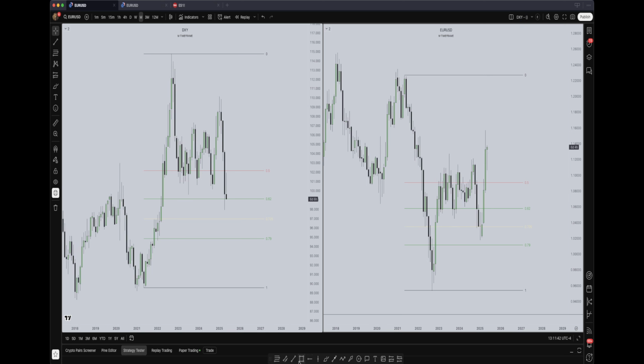Right, as you can see, after this huge displacement, we expect a retracement, and at least below this level, 0.5.